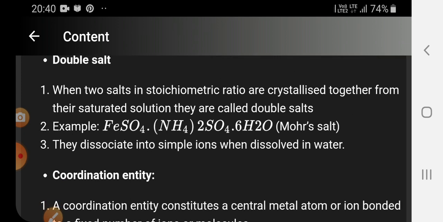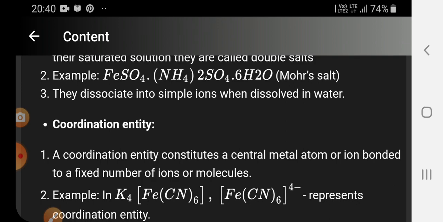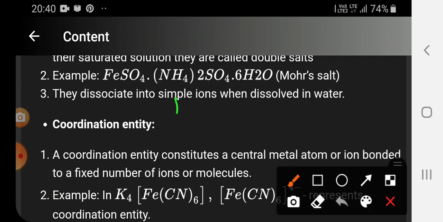The important feature of double salt is that it dissociates into simple ions when dissolved in water. Let's see how it works. If we dissolve this particular double salt, which is known as Mohr's salt, we will get the test of Fe2 plus ion, NH4 plus ion, and also SO4 2 minus ion.